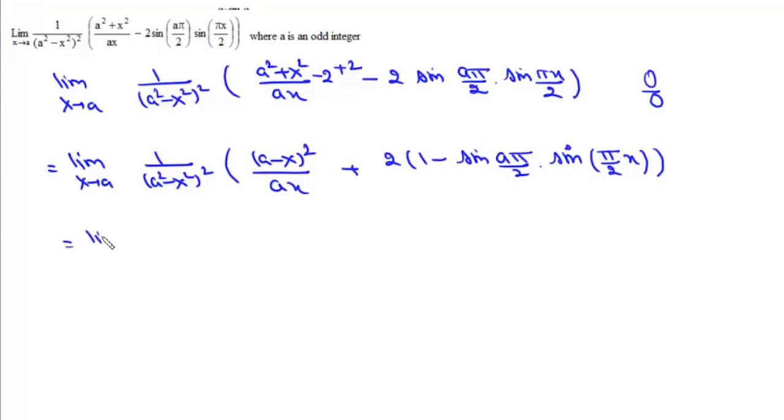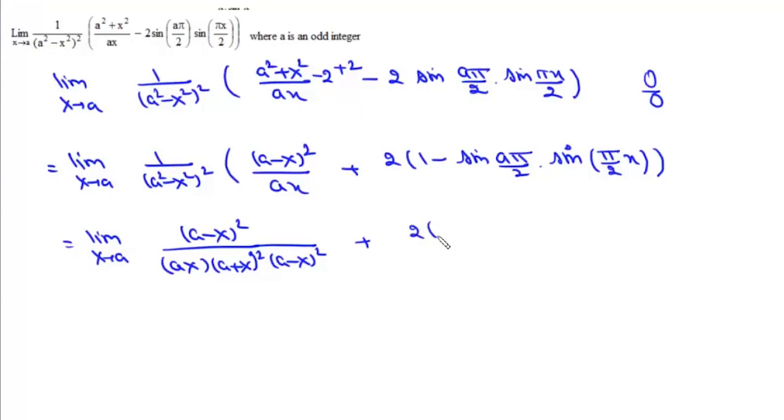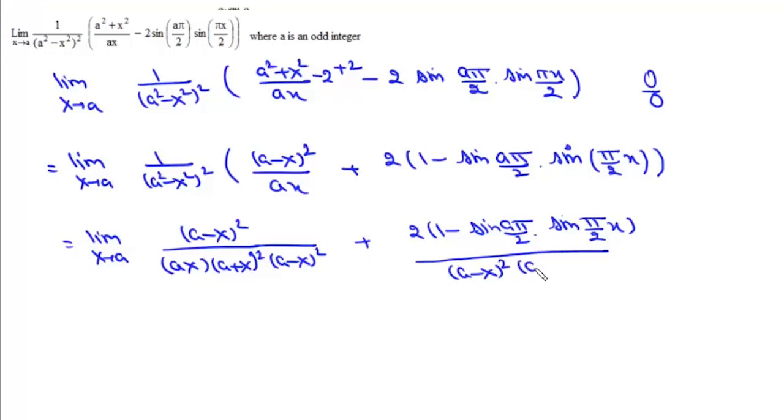So we can write this as this limit x tends to a, and it will be (a minus x) whole square upon ax into (a plus x) whole square into (a minus x) whole square, and here it will be 2 into 1 minus sine a pi by 2 into sine pi by 2x upon (a minus x) square into (a plus x) square.